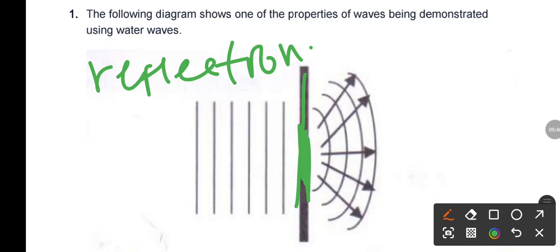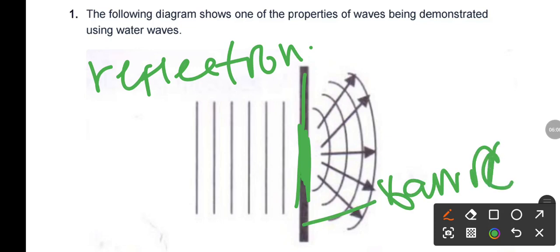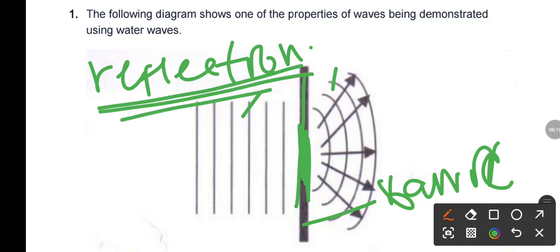So what we are saying here is that wave reflection would occur in a situation where we have incident wavefronts that hit, let us call this the barrier, that hits the barrier between two media, and as a result, the wave bounces back in the same medium. So that phenomenon is what we call wave reflection.